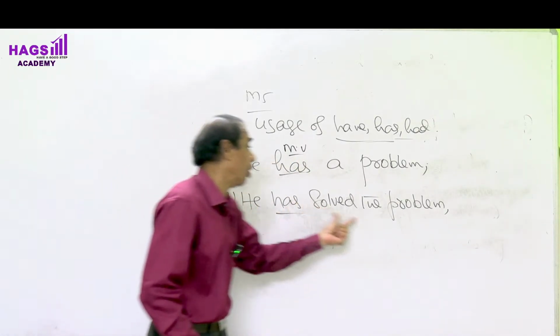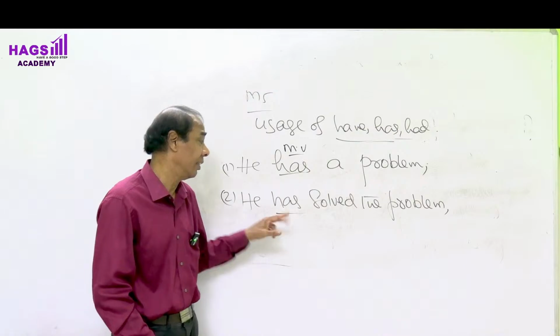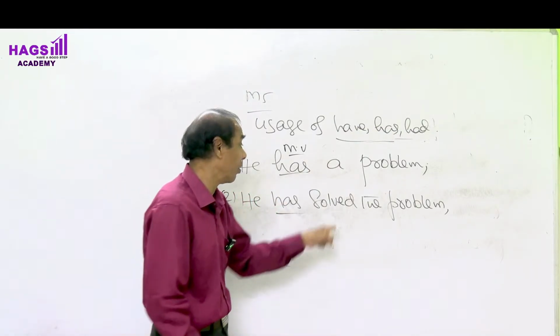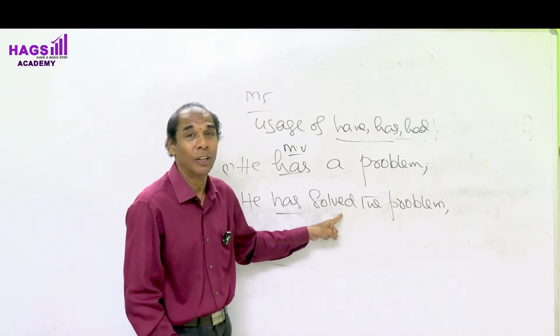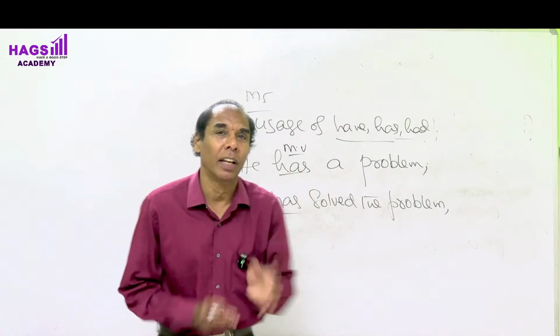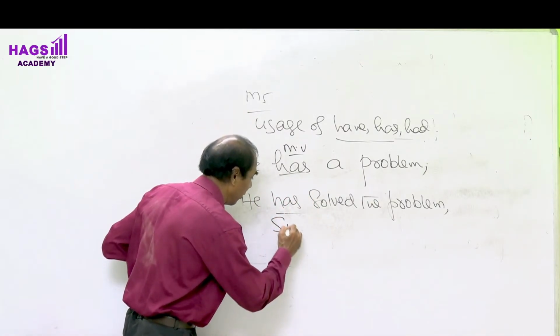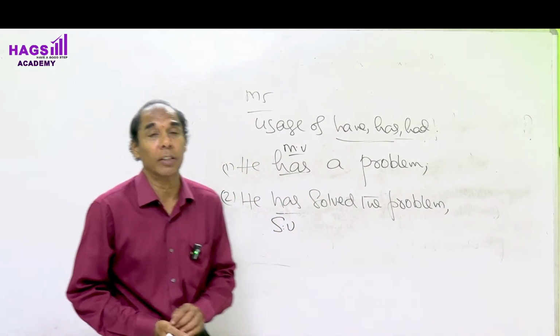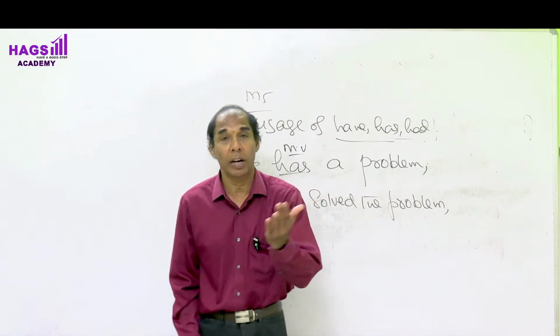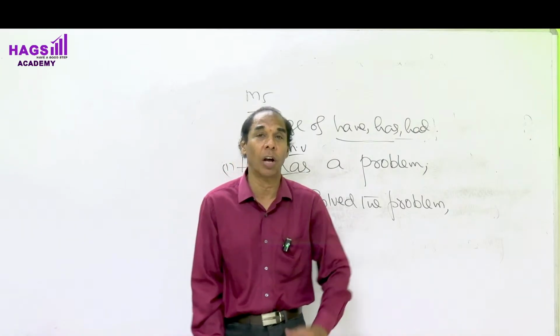He has solved the problem. Take the second sentence. In this sentence, has is not giving us any meaning. Solved is giving us the meaning, right? So, if these three words are not giving any meaning, then these three are called special verb. So, depending on the meaning, we have to decide whether these three are acting as main verb or special verb. This is how we can identify.